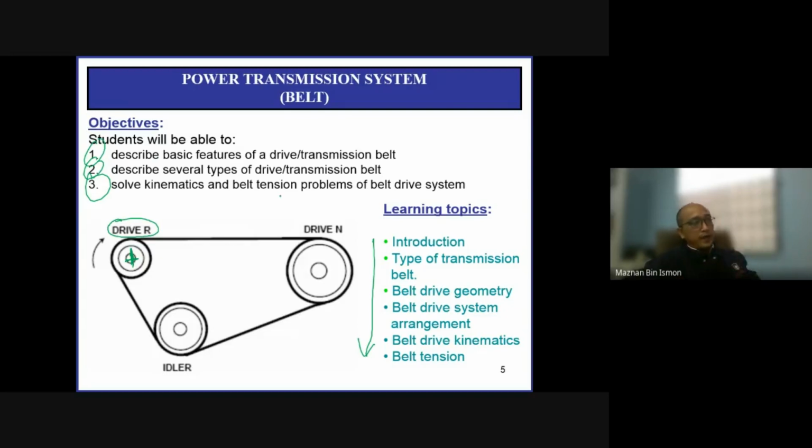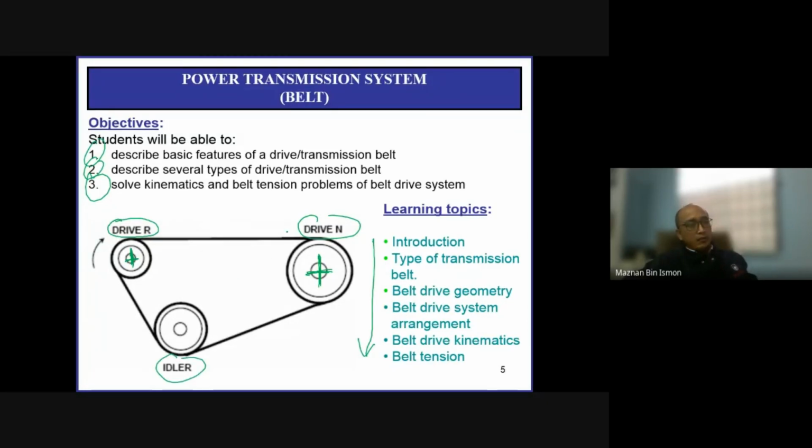And then it should be connected to your output, output to your machine, wherever you want to use your machine, either to reduce speed or increase speed. So driver, driven, output, and then idler pulley.